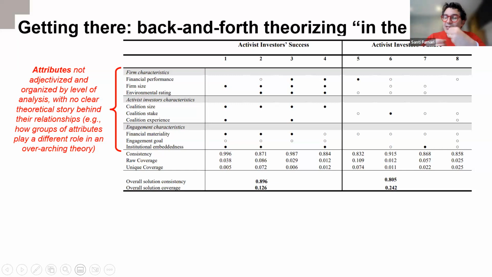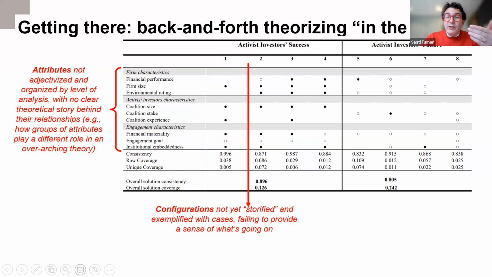That level of analysis language didn't help us, because yes, we have the activist investor level, engagement level, firm level, but then how do they connect? And this could have also been the limits of the way we were thinking, but it didn't help us think. It was heuristically not generative for us.